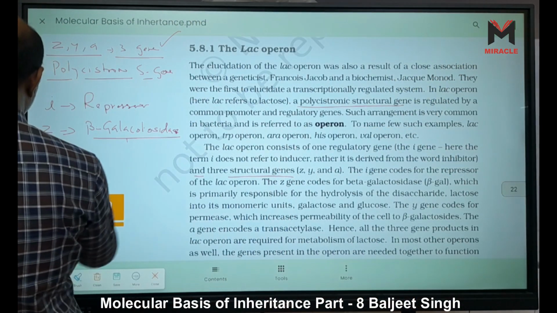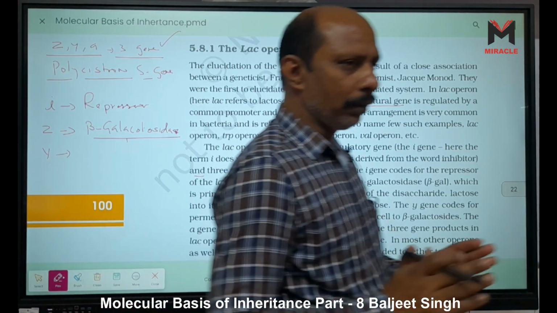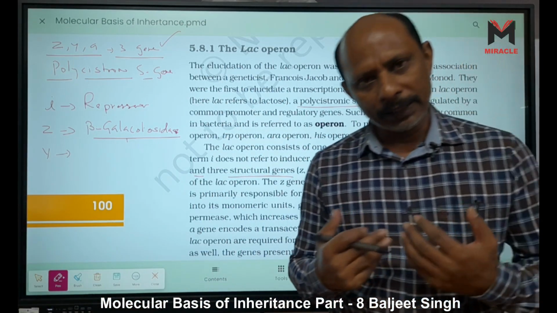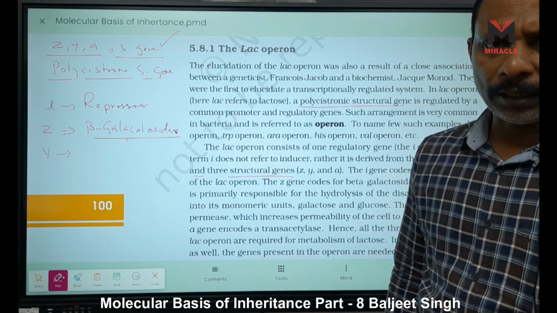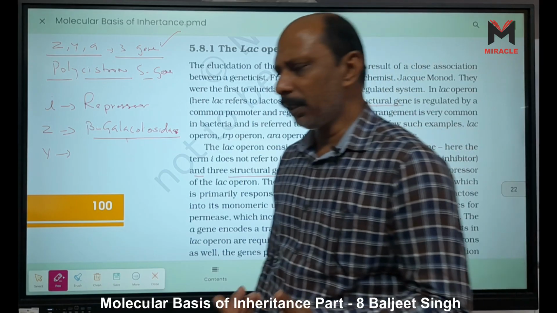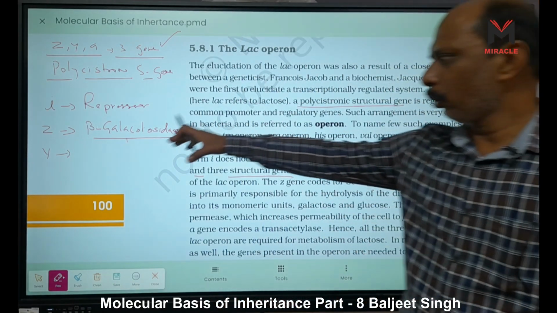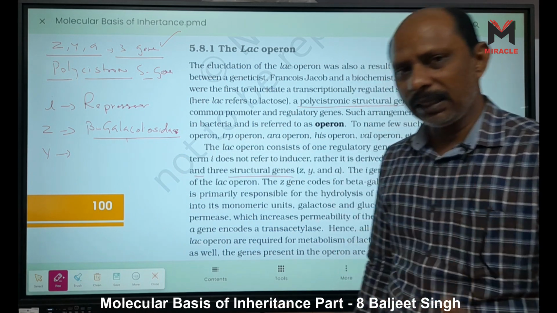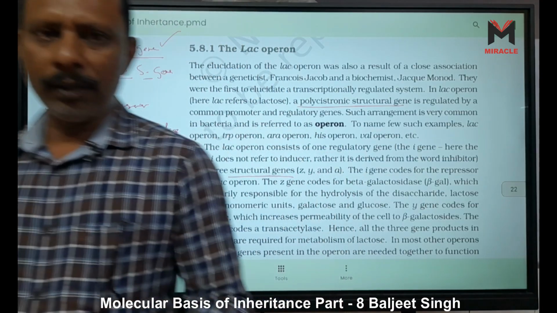Okay, second is our Y. It is responsible for the formation of an enzyme, that is the permease enzyme. According to the name you can understand permeability. It increases the permeability of lactose sugar, because lactose sugar is present outside the cell, right?